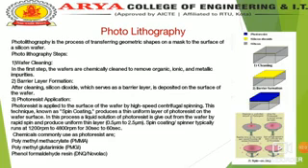It is a process used in microfabrication to pattern parts on a thin film or the bulk of the substrate. It uses light to transfer a geometric pattern from a photomask to a photosensitive chemical photoresist on the substrate.